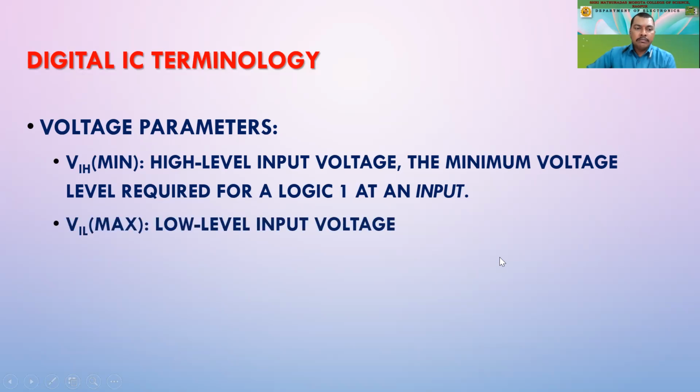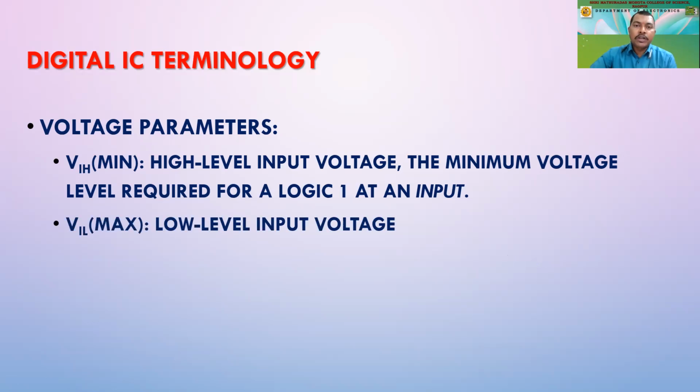Then we have VIL max, that is the low level input voltage. That is the highest level that the IC is still going to consider as zero. Zero is okay, but above that, how much voltage does it consider as zero?